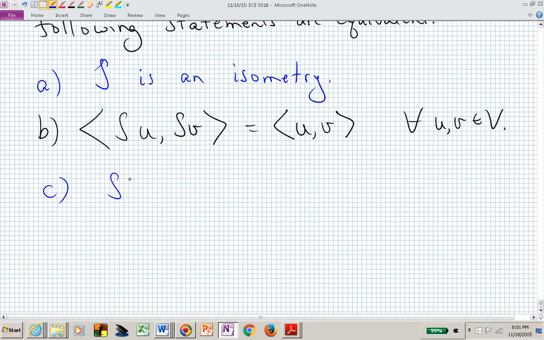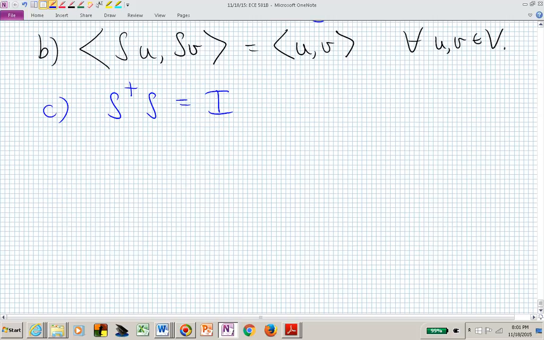Another equivalent statement, C, is that S adjoint times S is actually the identity map. So you can get back to where you started if you operate on a vector with S, an isometry, and then its adjoint.